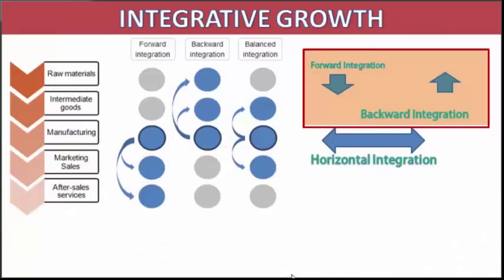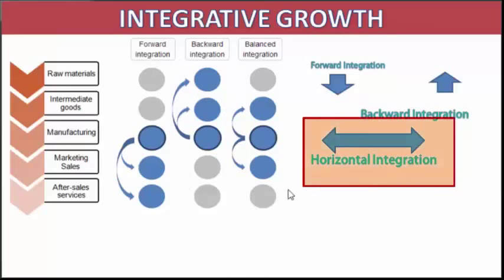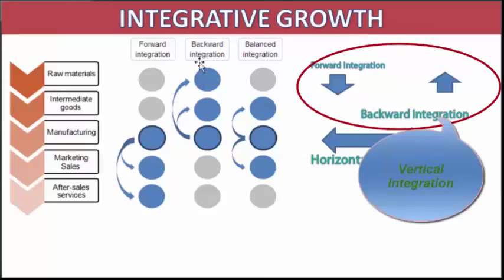These strategies are one of the major considerations when developing the future plan of an organization. If the organization wants to grow, they may at some point consider these types of integration. The fourth one is horizontal integration. Together, forward and backward, these two strategies, if you combine them, are known as vertical integration.